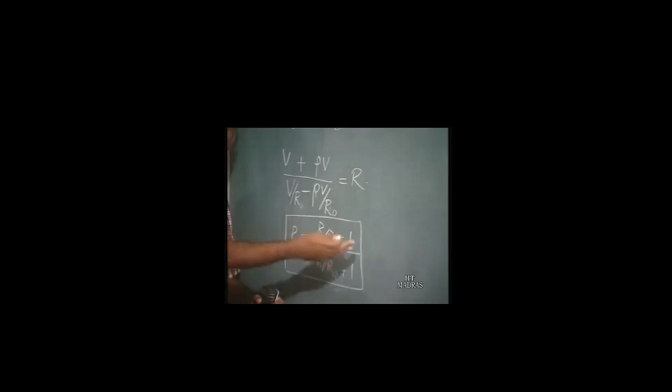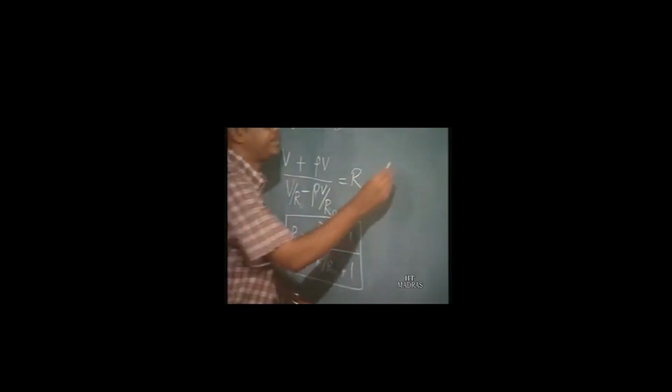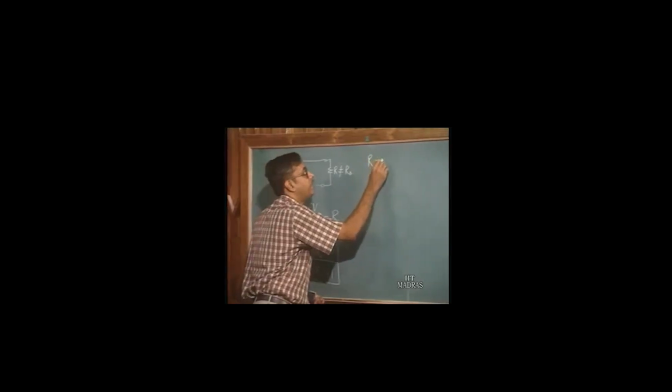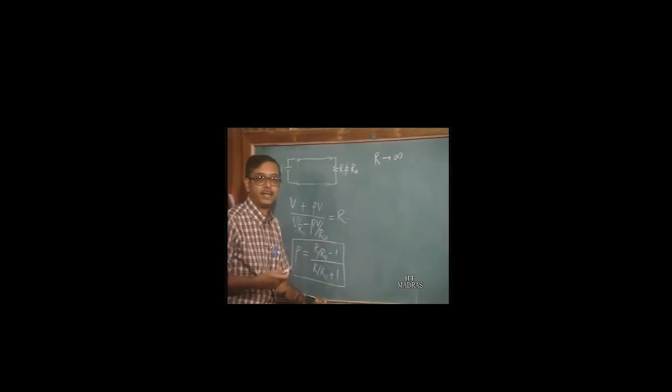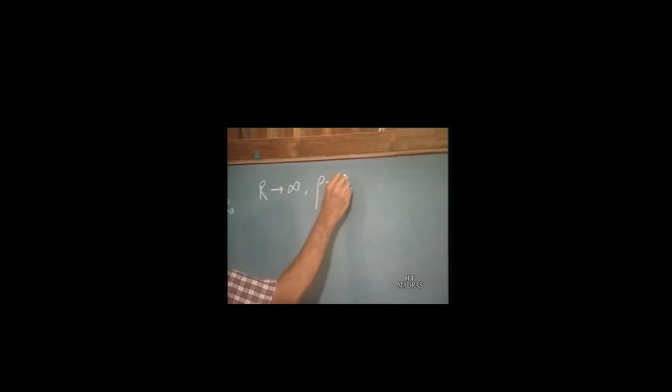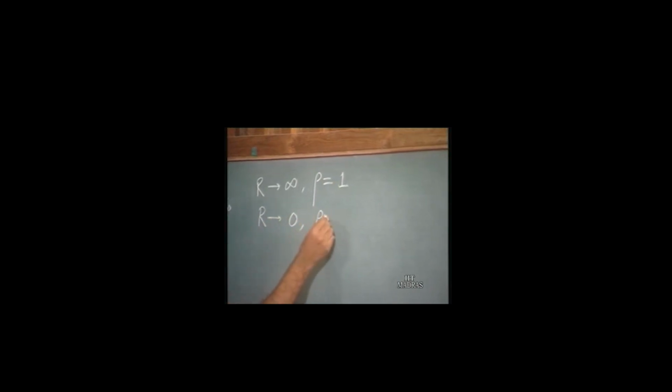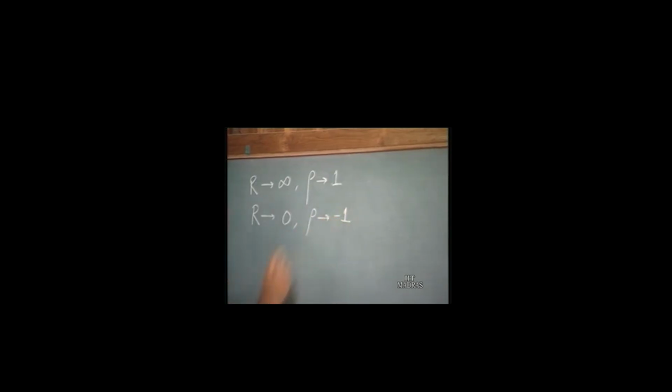So, when R tends to infinity, that is an open circuit, rho will be equal to 1, and when R tends to 0, that is a short circuit, rho will tend to minus 1.